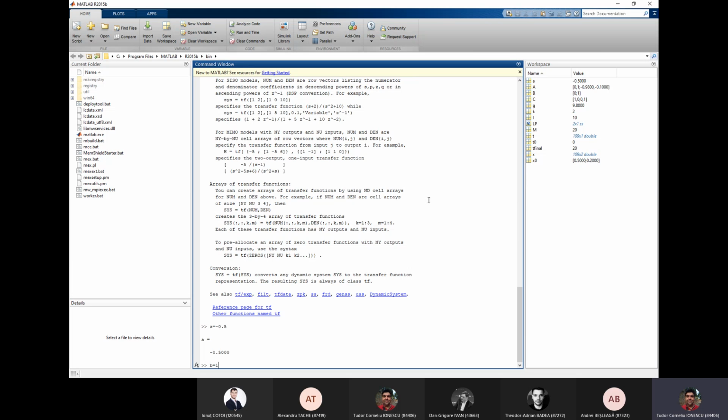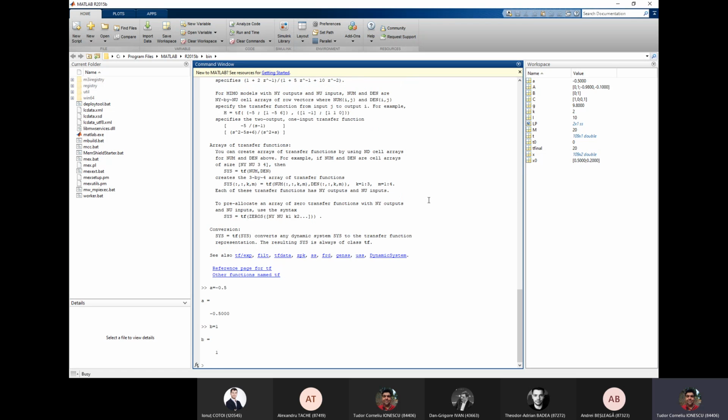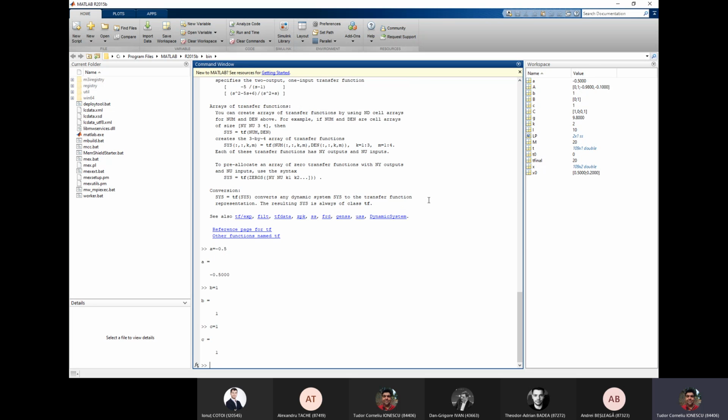B cannot change too much. And C is the same. C now is also only 1. No, we should have again 2 outputs. So C now has to change somehow. Let's take only one output. Let's say also C equal to 1.